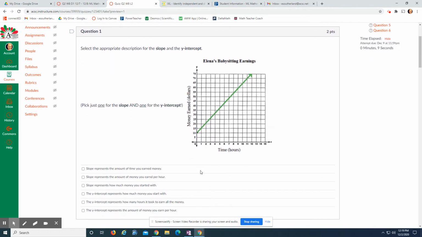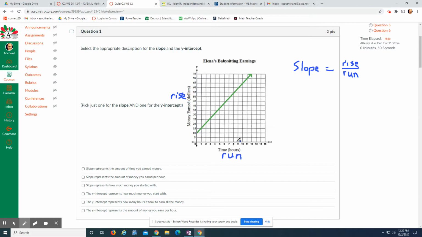Now, here's what we know for sure is that slope is rise over run. And hopefully you have picked up on that the y represents the rise and the x represents the run. So when I look at these, I understand that this is the rise and this part over here is going to be the run.